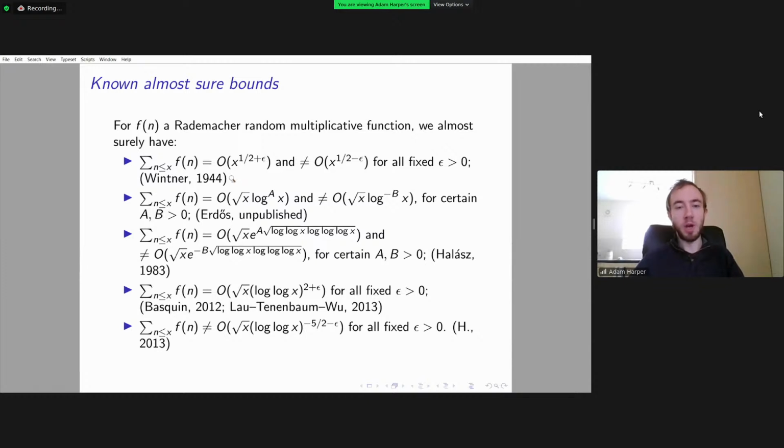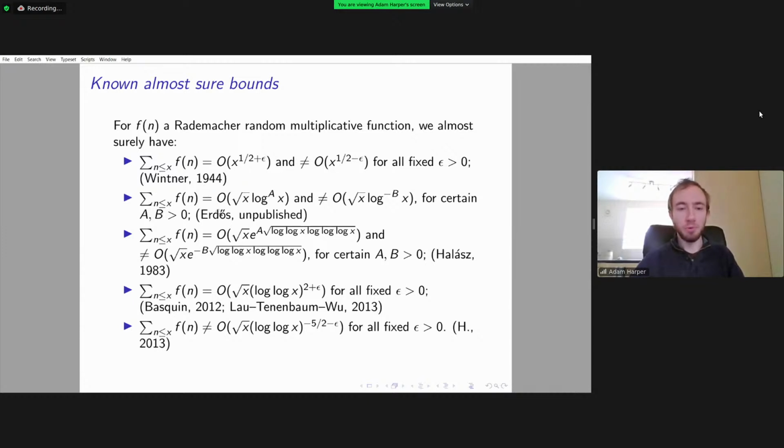So with probability 1, it doesn't get bigger than x to the half plus epsilon, and it does get bigger than x to the half minus epsilon along some infinite sequence. And this big O bound here, if we could prove this for the Mobius function, remember this would prove the Riemann hypothesis. So he proved that almost surely sums of these random multiplicative functions satisfy the equivalent of the Riemann hypothesis.